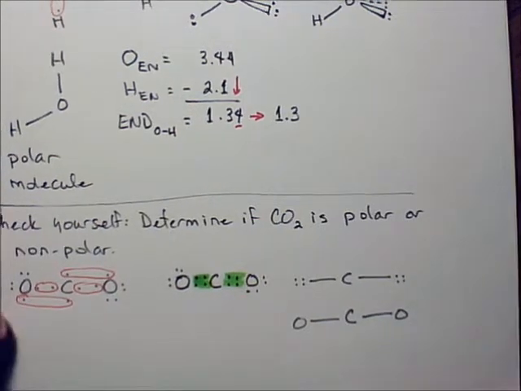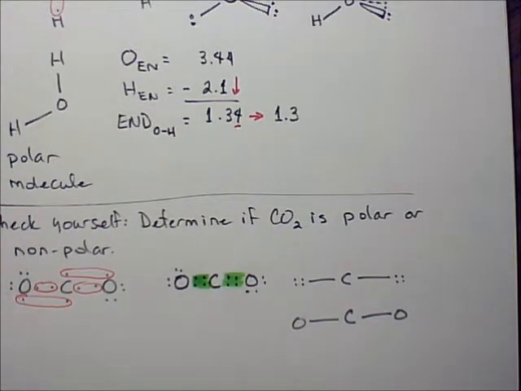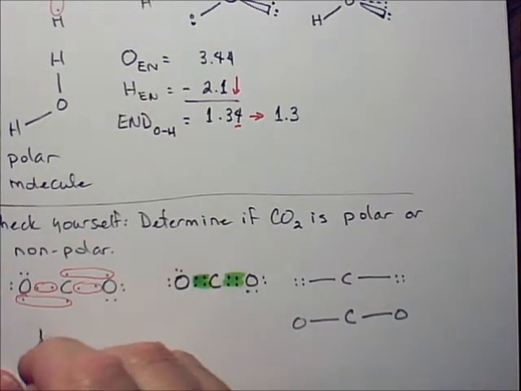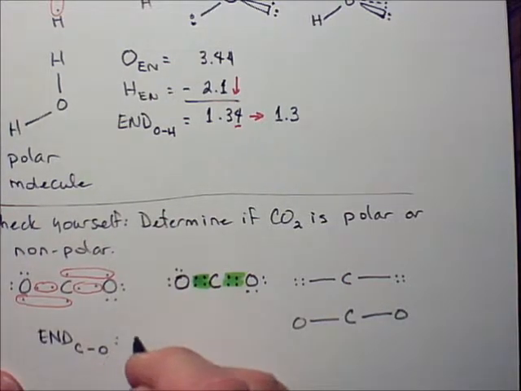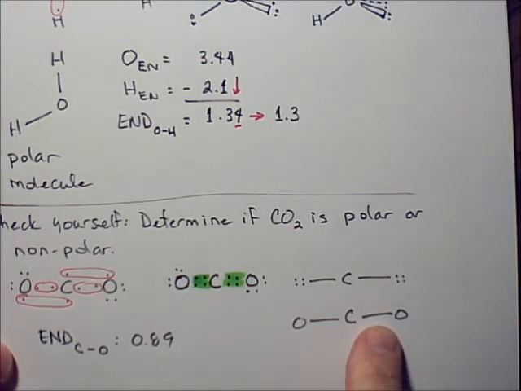Okay? You didn't even have to calculate the electronegativity difference if you didn't want to. The electronegativity difference for a carbon to oxygen bond is 0.89. That's a polar bond. But the molecule is nonpolar because it's not an uneven arrangement.